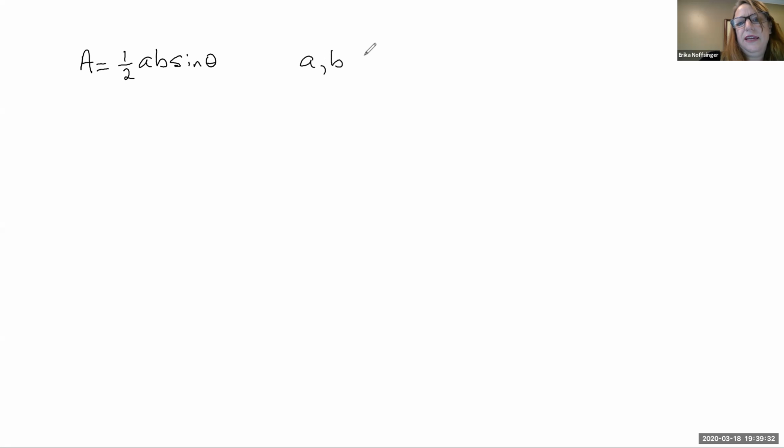A, B, and theta are not constants. So like I said, we're going to have to do this multiple times. So maybe we can break it up like this, 1/2 times AB times sine theta.